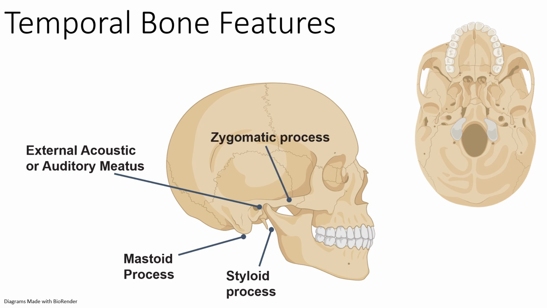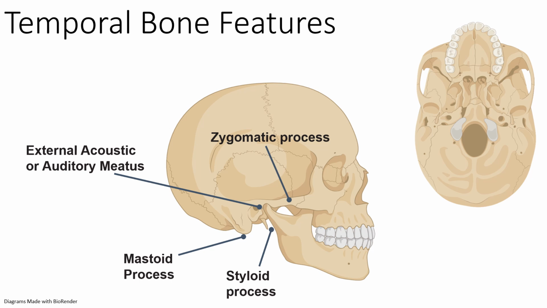The zygomatic process is the third process and can be really hard to see on a lateral view of the skull. You don't get the idea of what it is. You really need to look at the skull from a superior or an inferior view, as you can see here on the right.